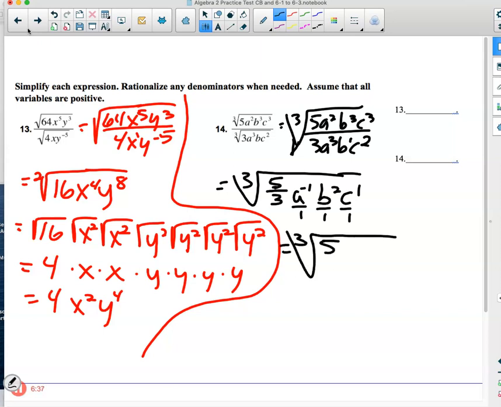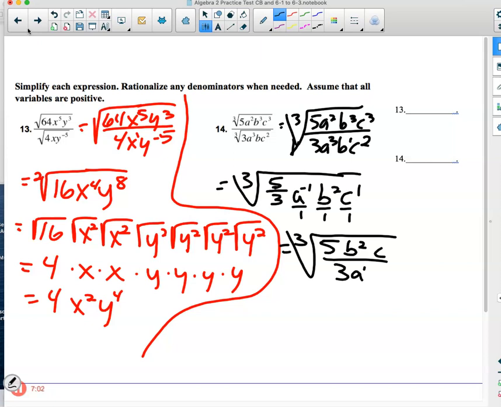So the 5 is going to stay on top with a b squared and a c to the first. And then a to the first has to move downstairs with the 3, so that we only have positive exponents. All right. Is that problem done?